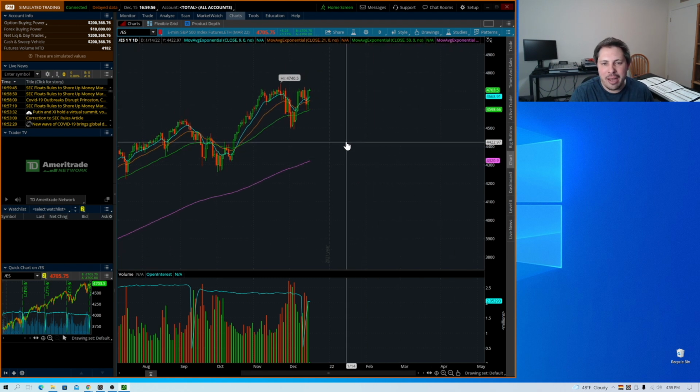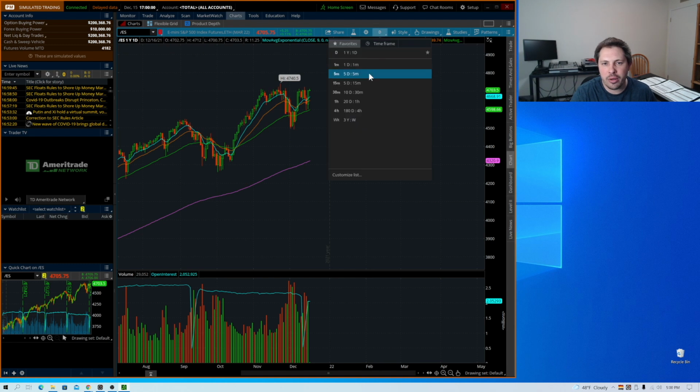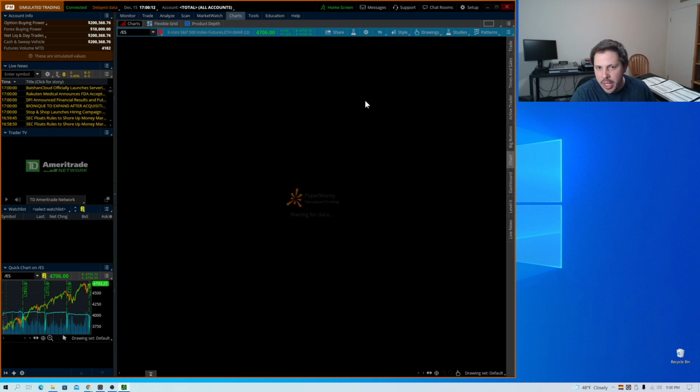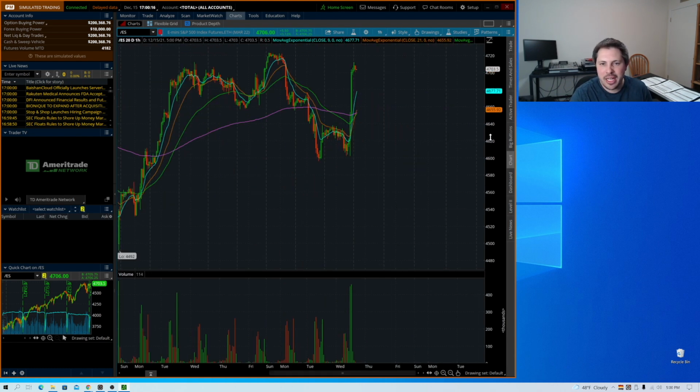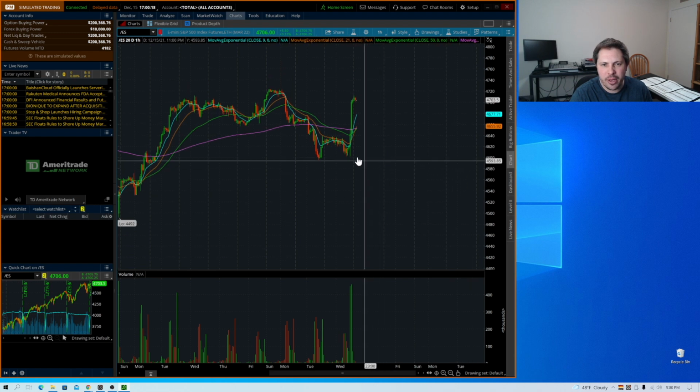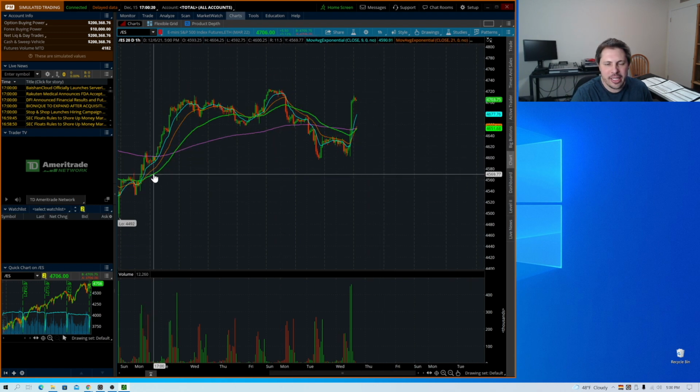simple moving averages, exponential moving averages, they're extremely easy to understand, right? It's the averages of the price over a period of time, looking at the open and the close. And we can see this when we come into, for instance, an hour time period, that these moving averages are going to fluctuate.